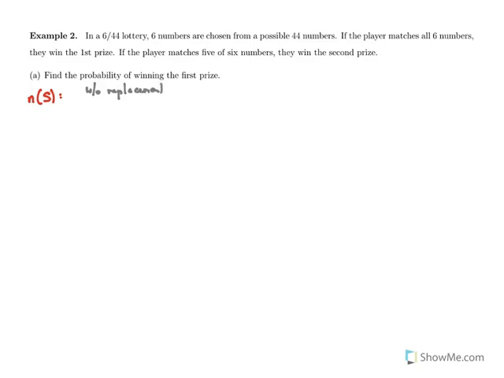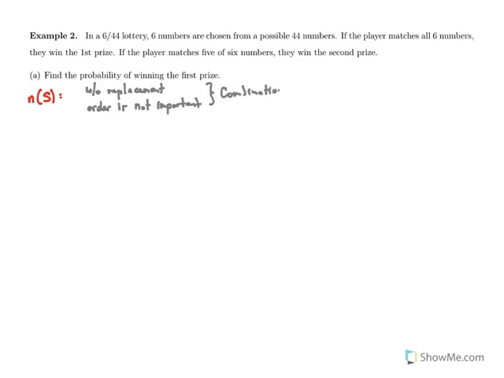We can't choose the same number twice. And here, order is not important. We don't really care what the order of the numbers is. We just need to match our 6 numbers. So this means that we're going to be using combinations here.